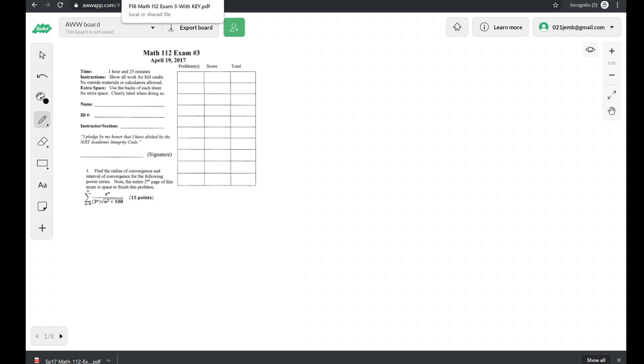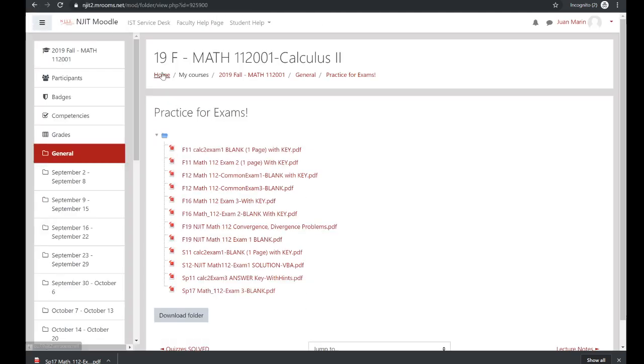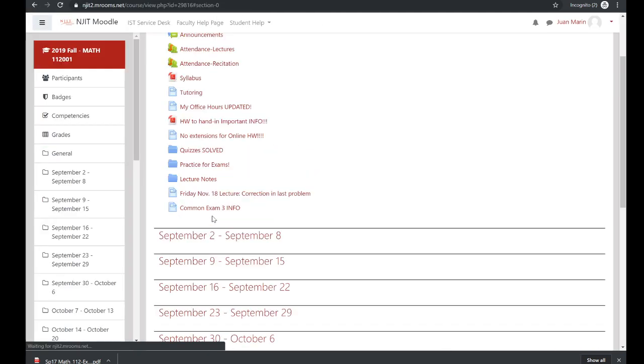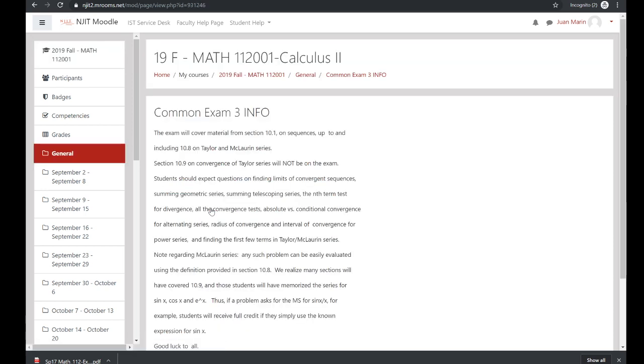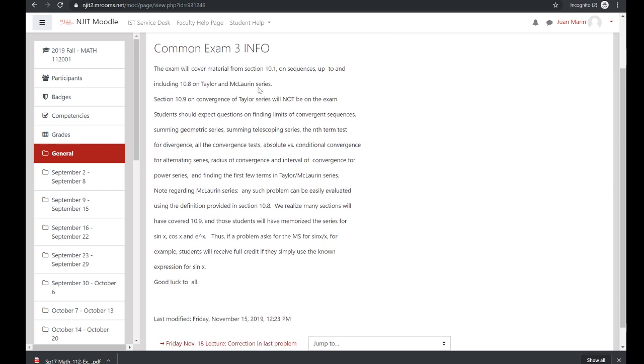So if we go over here, we can see that the exam is going to cover chapters 10.1, on sequences, up to 10.8, which has Taylor and Maclaurin series. Chapter 10.9, on convergence of Taylor series, is not going to be included on the exam, meaning that the remainder estimation theorem won't be on the exam.